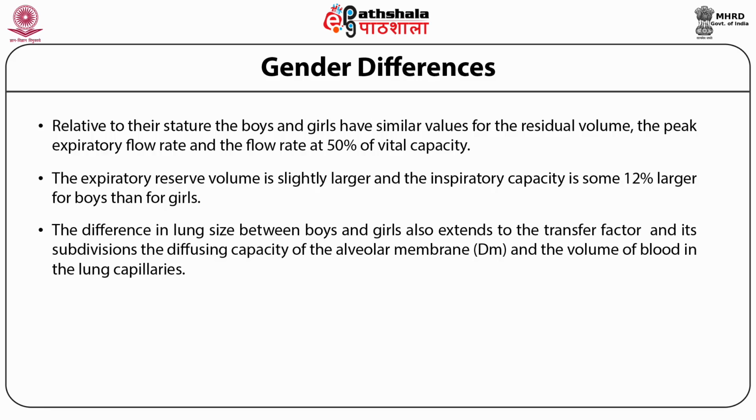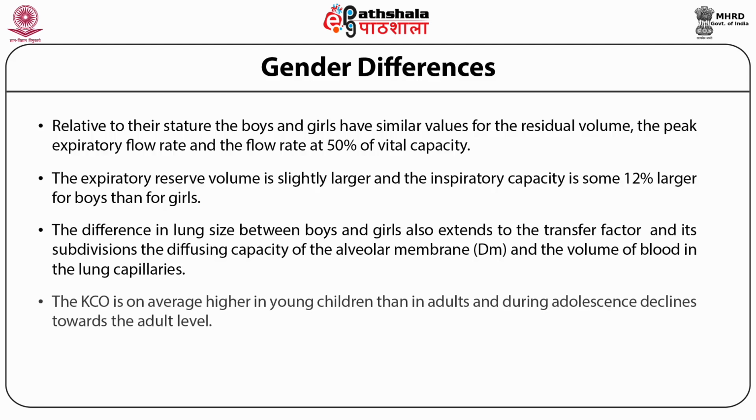So the difference in transfer factor in boys and girls is solely due to the boys having larger lungs. The transfer factor is on average higher among young children than among adults, and during adolescence it declines towards the adulthood stage. On this account, the transfer factor is negatively correlated with the stature.